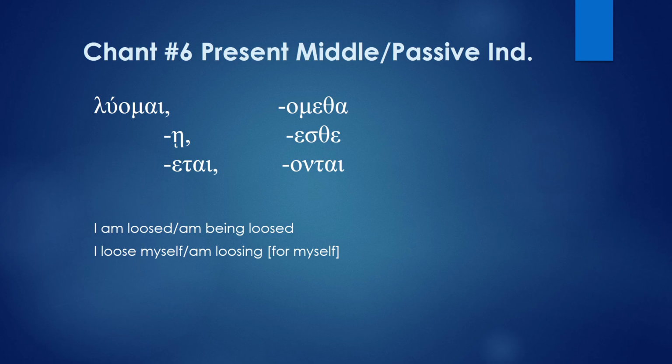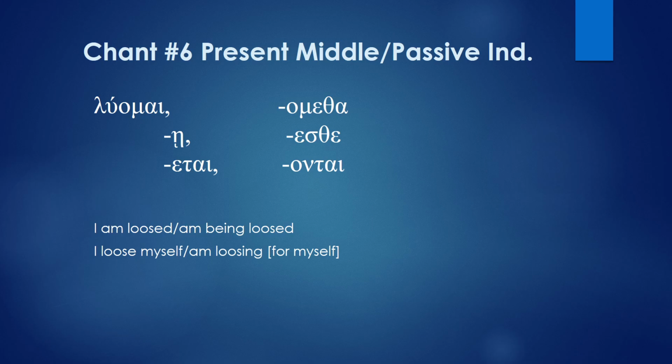And ontai is the third person plural, and the middle form would be they loose for themselves, or in the passive form, they are loosed. And now, just the chant by itself.